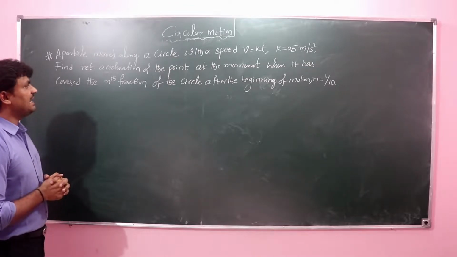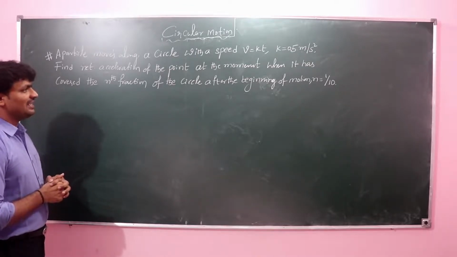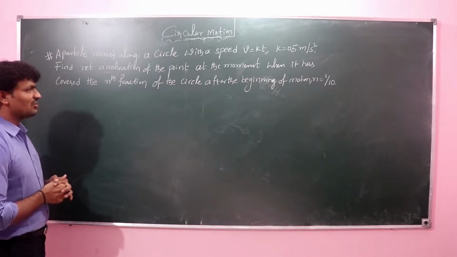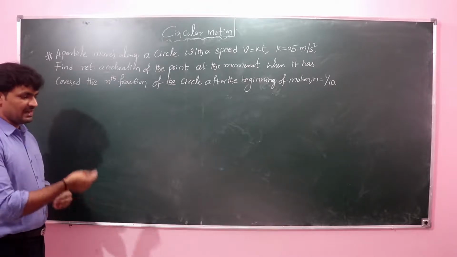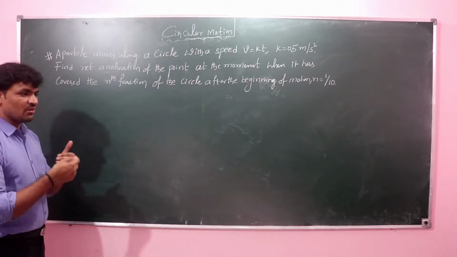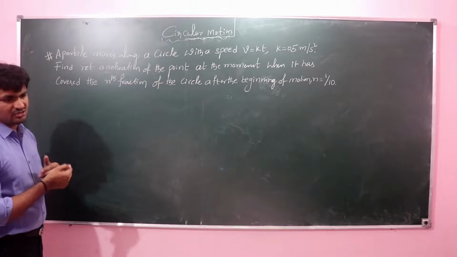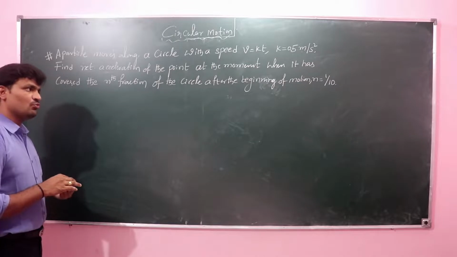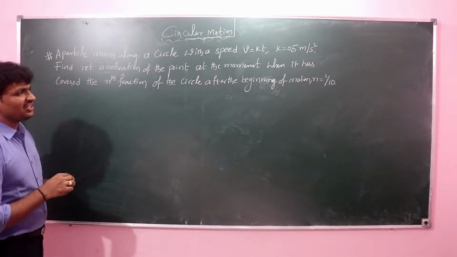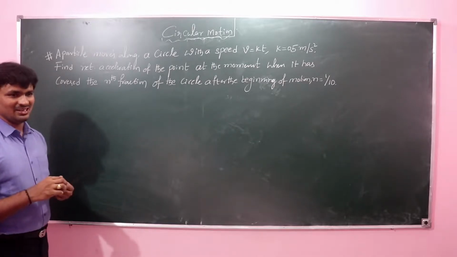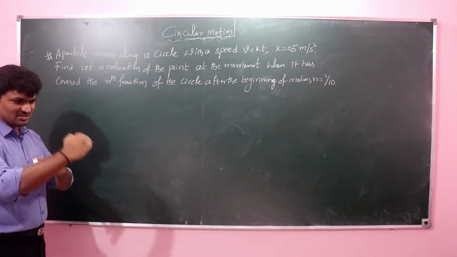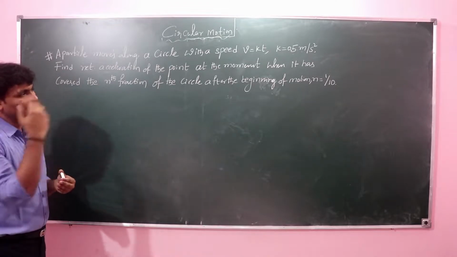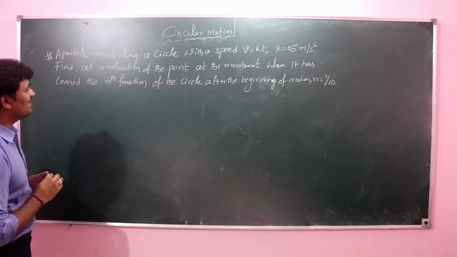Find the net acceleration of the point at the moment when it has covered the nth fraction of the circle after the beginning of the motion, where n is equal to 1 by 10. It can cover the distance of the total circumference, 1 by nth fraction, or 1 by 10th fraction. So very simple question here.